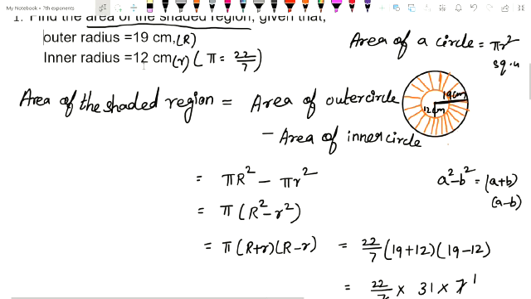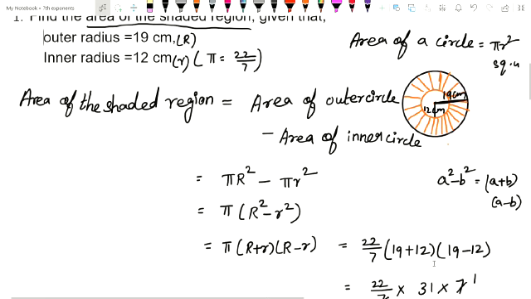Here the outer radius I represent as capital R, inner radius as small r. So pi R square minus pi r square. Here pi is common, just take it out. What is remaining? R square minus r square. Here I am going to use the identity a square minus b square equals a plus b into a minus b. So I get R plus r into R minus r.